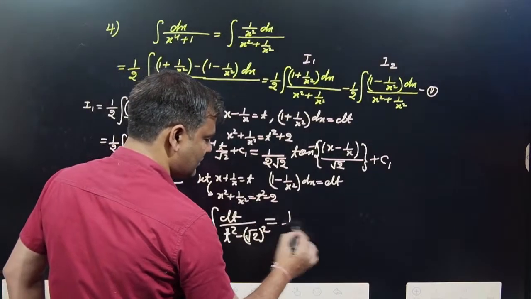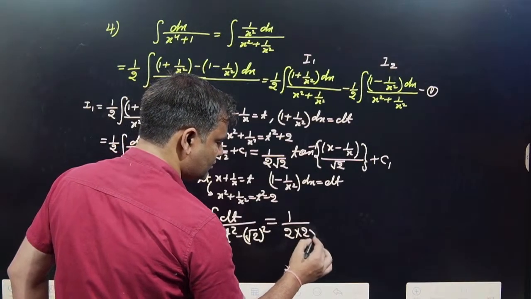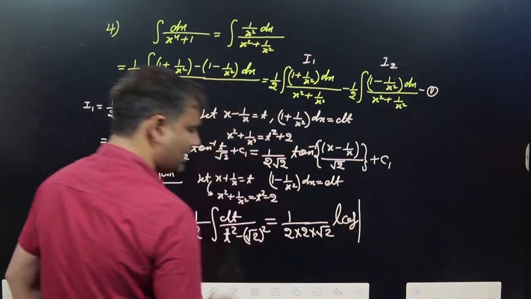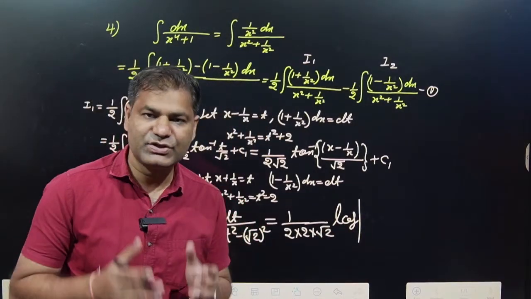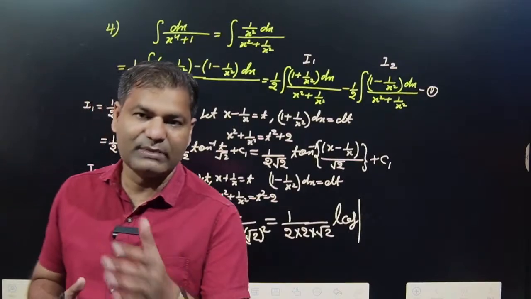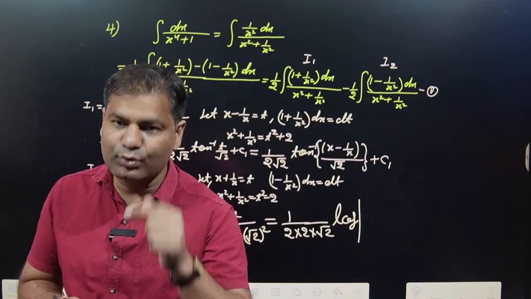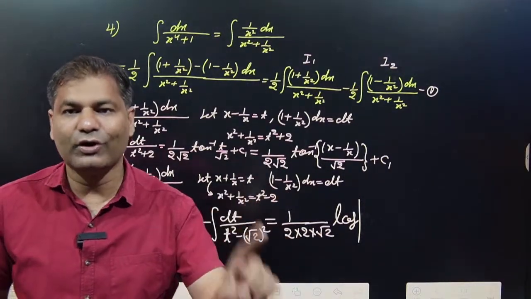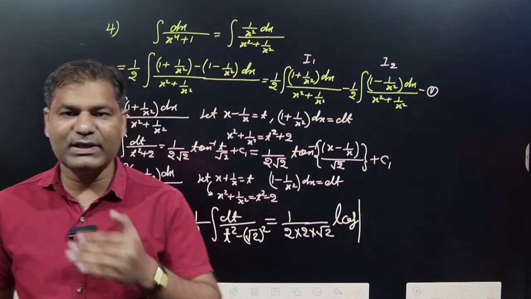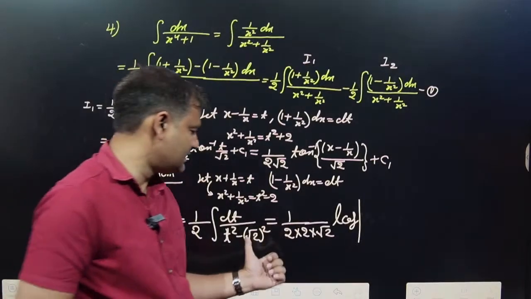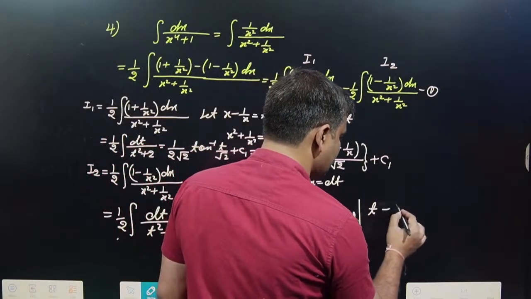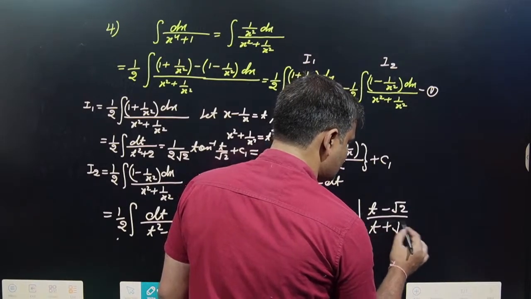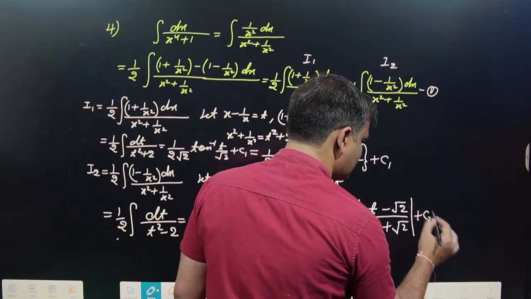After that this is written as 1 by 2 root 2 into log of, apply the formula: integration of dx divided by x square minus a square is 1 upon 2a into log of x minus a divided by x plus a. So here 2a is 2 root 2, into log of t minus root 2 divided by t plus root 2 plus c2.